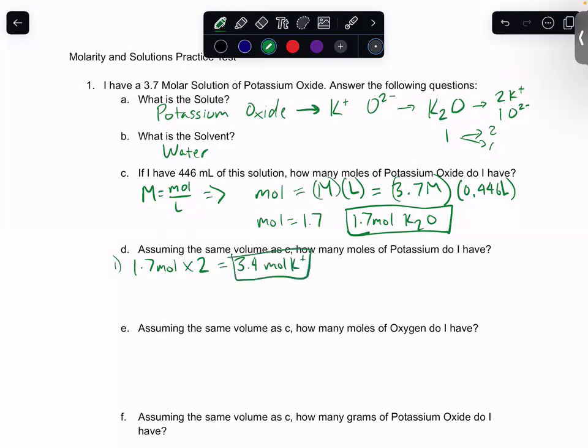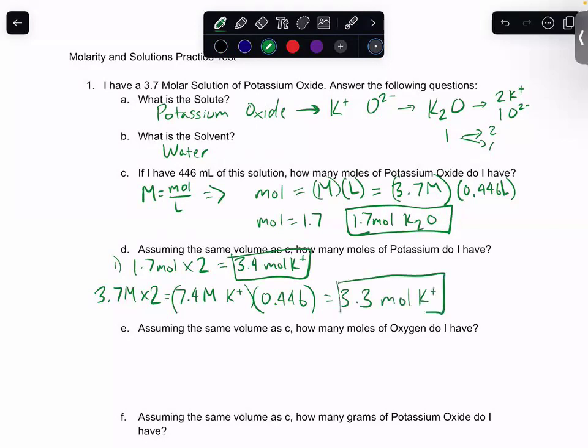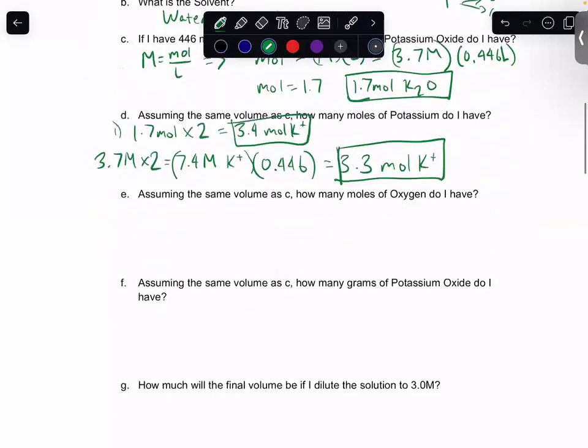The other way to do it is knowing that it's a 2-to-1 ratio, start by taking our 3.7 molar solution, multiplying that by 2 to get 7.4 molar concentration of K+, and then multiplying it by 0.446, which will give you 3.3 moles potassium. The difference comes from the significant figures that get kept or lost along the way, so don't worry about it too much. I will accept both answers as correct.